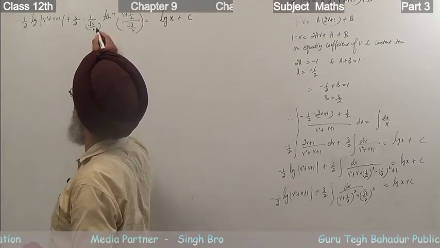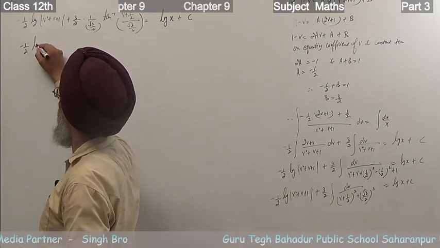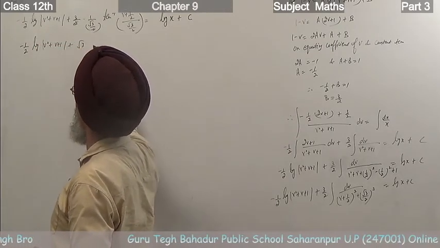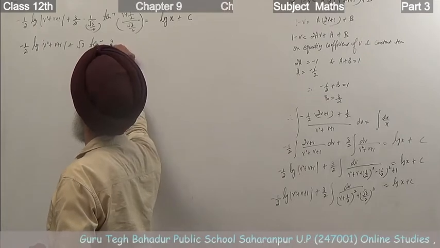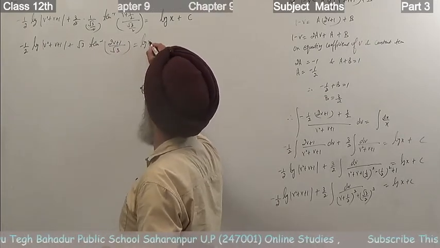The 2 gets cancelled: minus half log of v square plus v plus 1, plus root 3 tan inverse (2v plus 1) upon square root of 3, equals log x plus c.